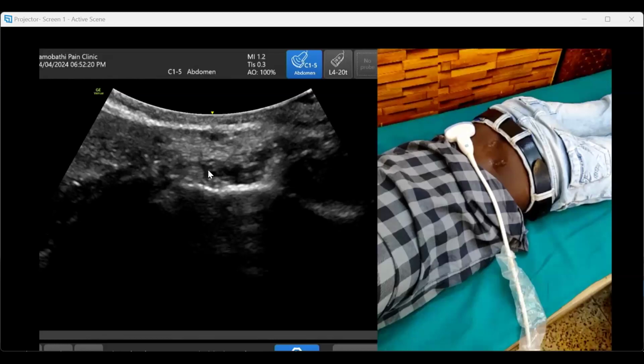It is very effective. Most important, it is not just simplicity, effectiveness is also very important. At this area, it is simple as well as effective. So how many times do you have to give? Usually, for chronic sacroiliitis, sometimes you might have to inject 3 times. If even then the patient is not responding, then you can go for radiofrequency ablation of the sacroiliac joint, the sacroiliac joint denervation.